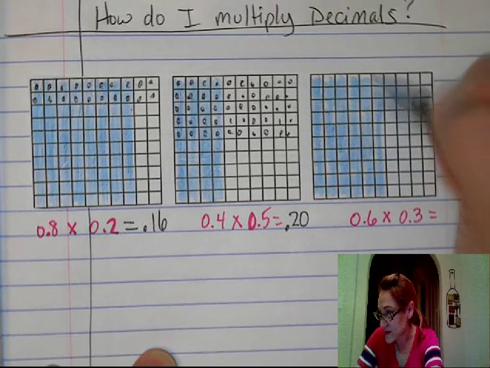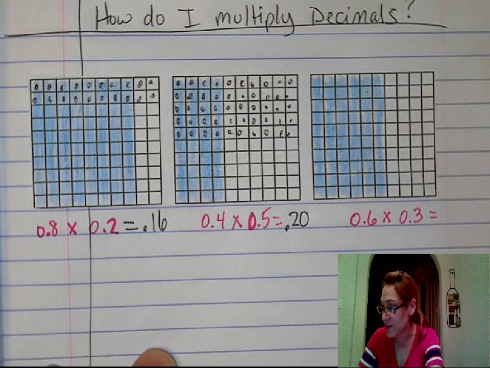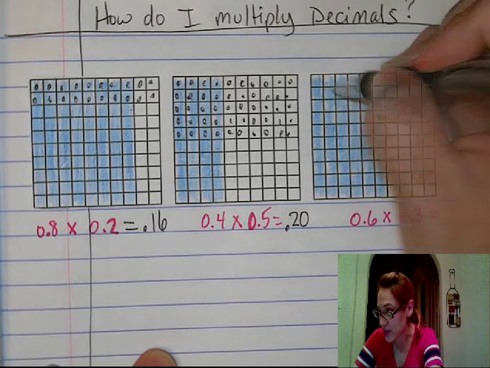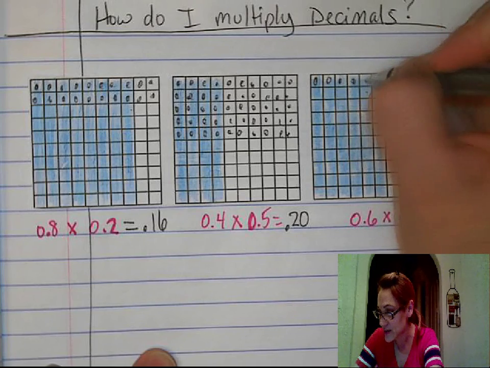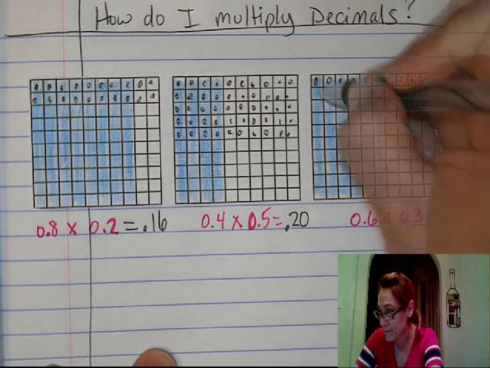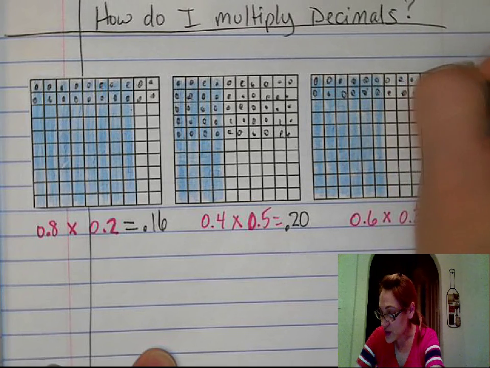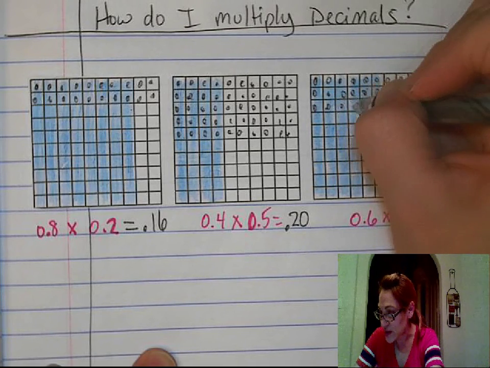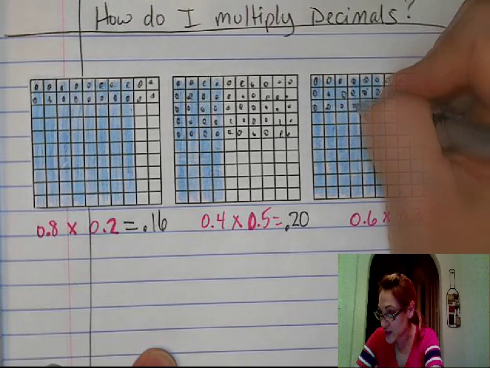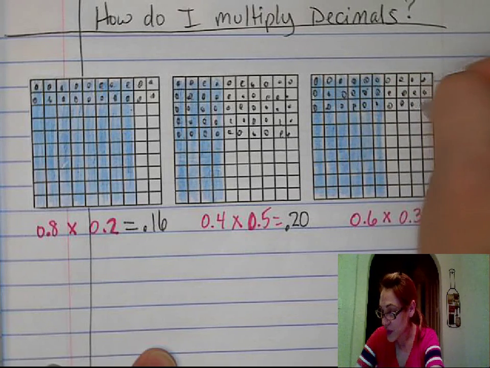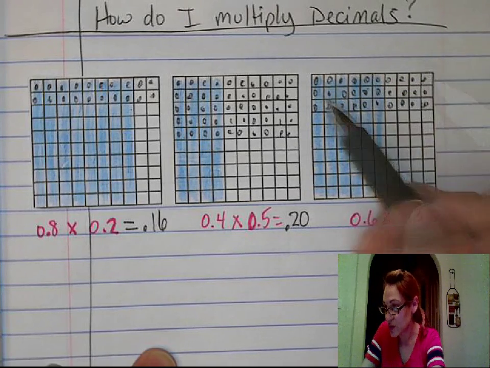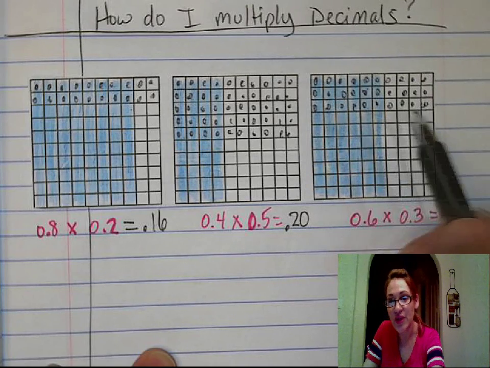Okay, so we have 6/10 shaded in, and then I need to shade in 3/10, but going across, and again we're going to use dots to represent that. There's 2/10, and here's 3/10. Everybody agree that is 3/10 that we've shaded in now? Okay, here's 1, 2, 3/10 across.